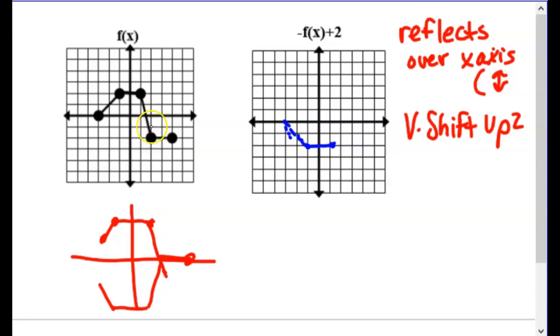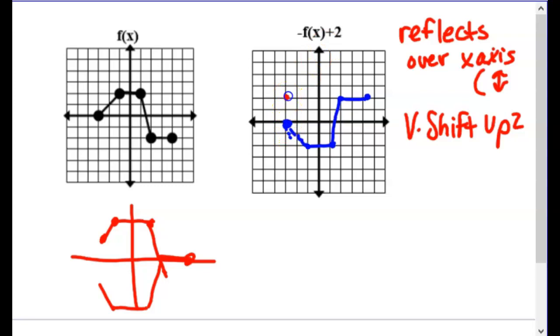This was 2, -2. It's now going to be 2, +2. Okay, so there's the flip it over part. And then I'm supposed to do what? Move it up 2.